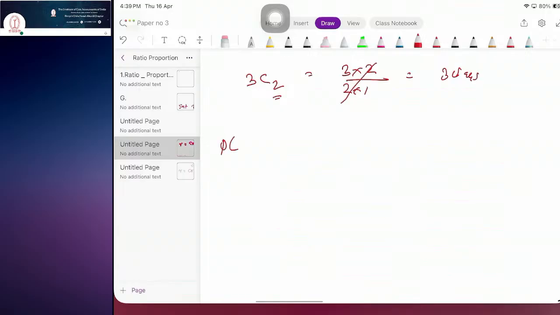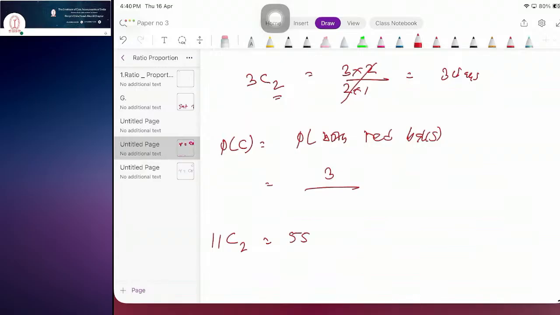So the probability of C, that means the probability of finding both red balls, will be the total number of ways, that is 3, divided by the total number of ways, which we have already calculated, of selecting any two out of 11 balls, that is 55.